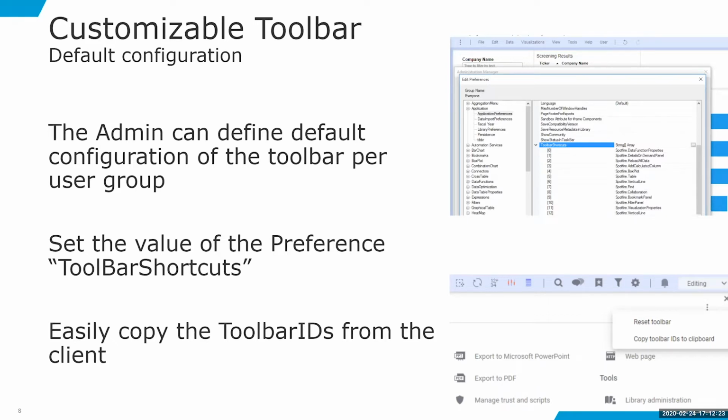Users can then change it, unless the admin disables the license that controls the toolbar shortcut. So if the admin would really like to be able to control the toolbar without having the individual users change it, that's possible too. The admin just needs to set the corresponding licenses in the right way.